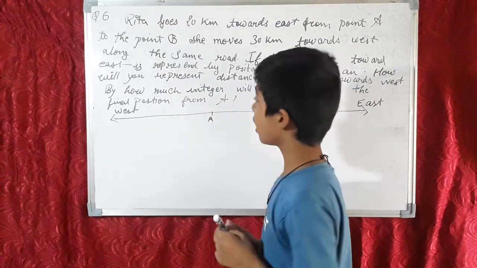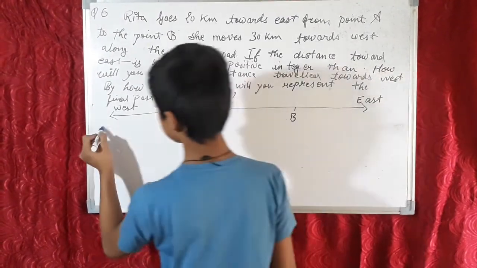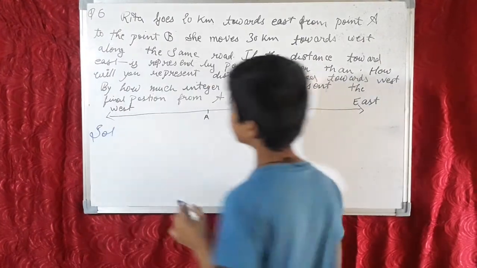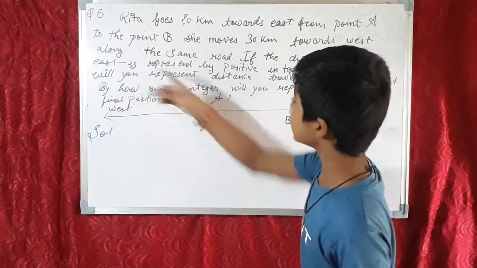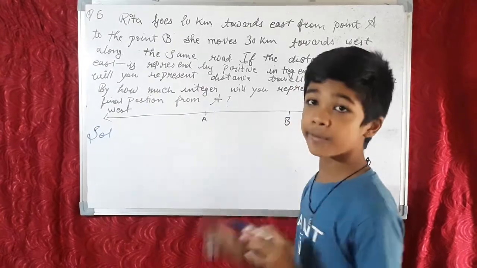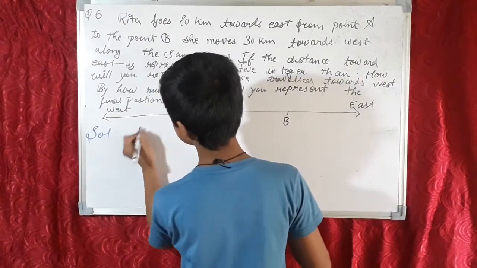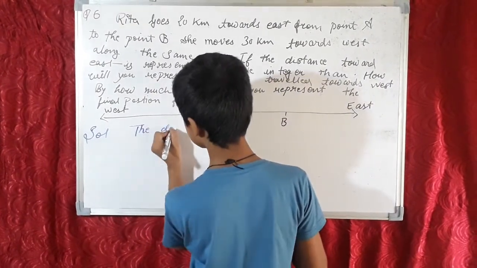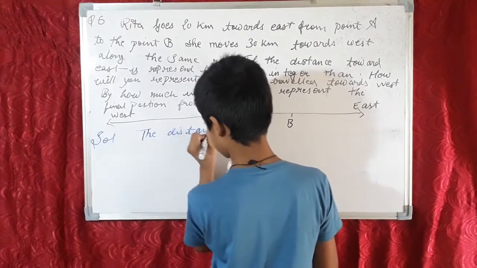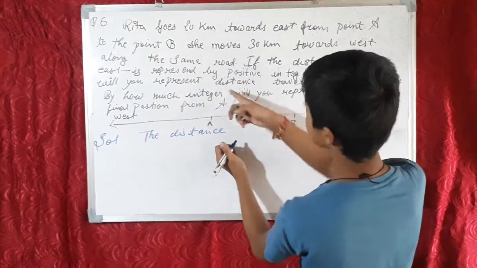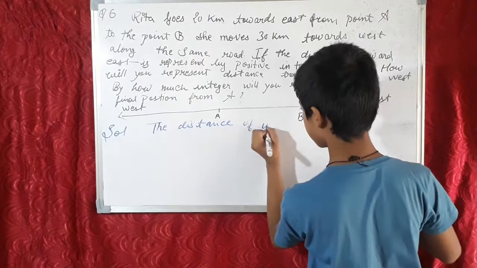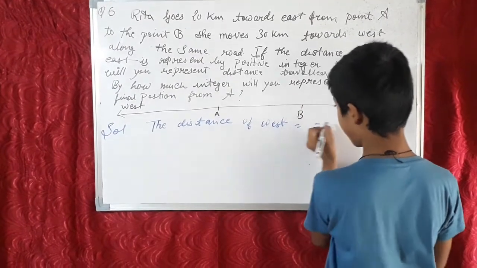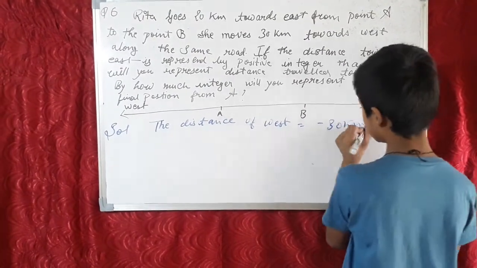So what do we have to do? We will write solve here. It is asked that east is represented by positive, so west we will represent by negative. So the distance of west is equal to minus 30 km, because east is positive.